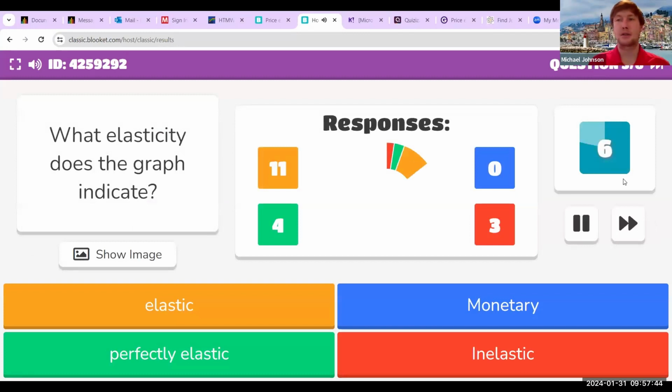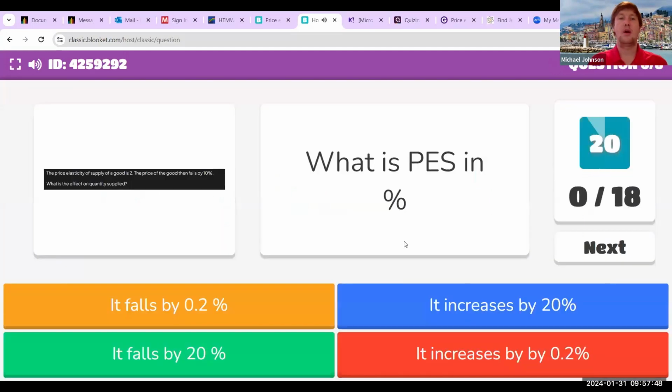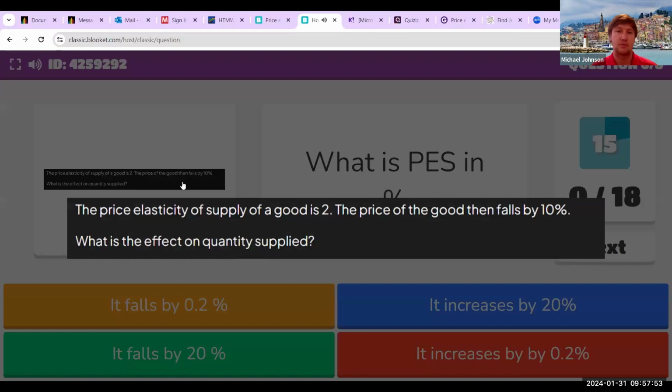So elastic, yes. What is price elasticity of supply in this example?